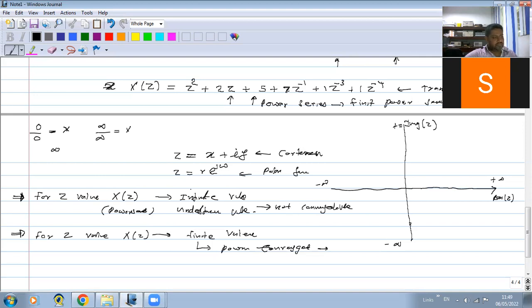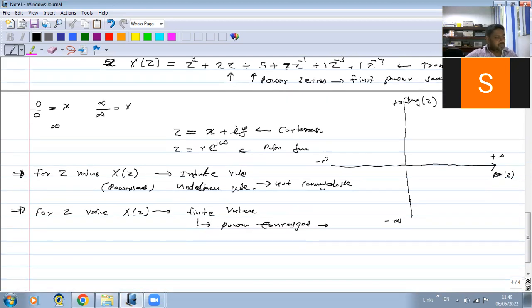We will see it again when we are doing some exercises. Anyway, if for some z value you get a finite value, the series converges. If not, the series does not converge.